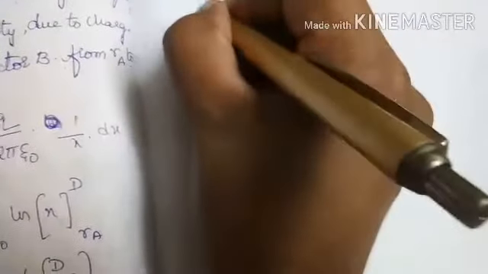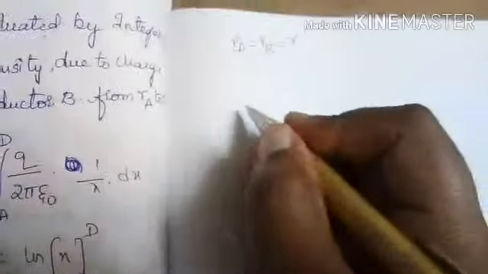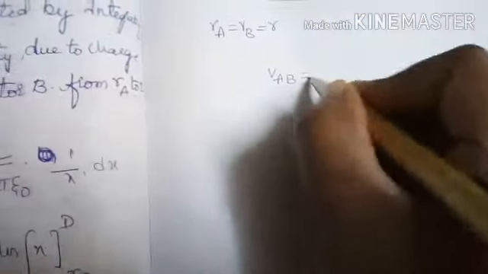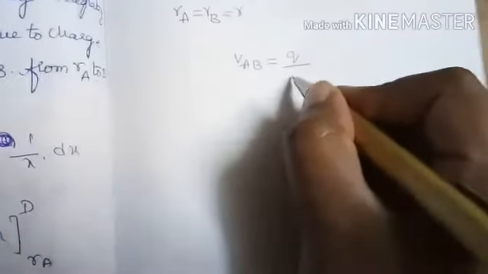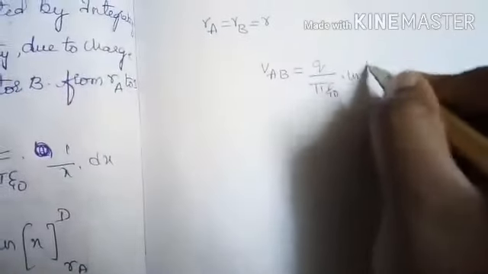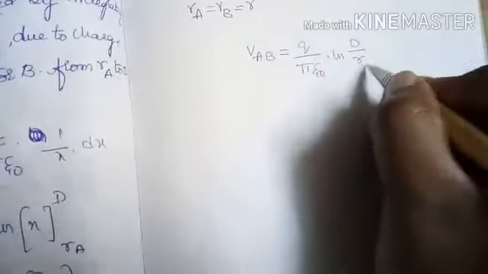If the conductors are having the same radius, that is RA equals RB equals R, then we can write the equation VAB equals Q by, actually here, pi epsilon naught into ln d by R we will get.